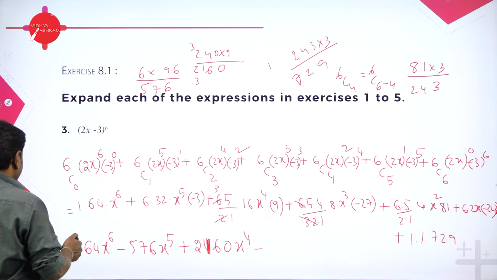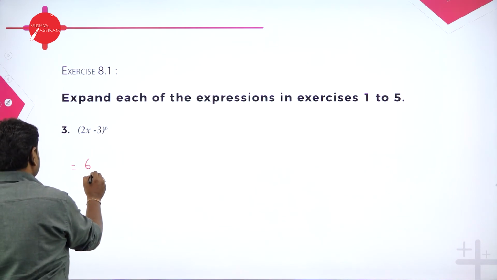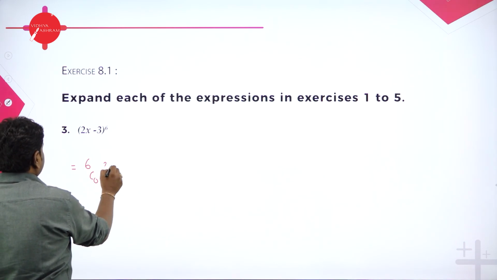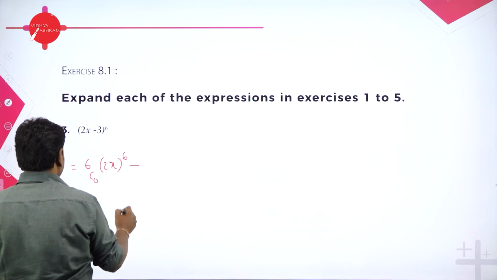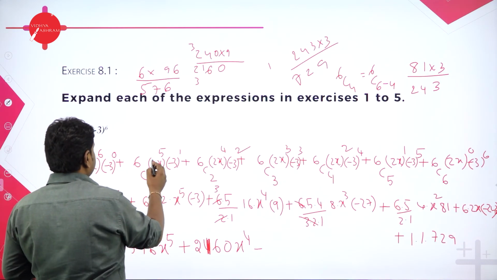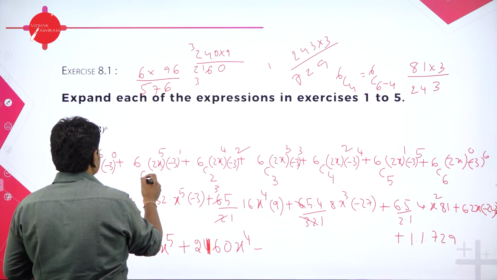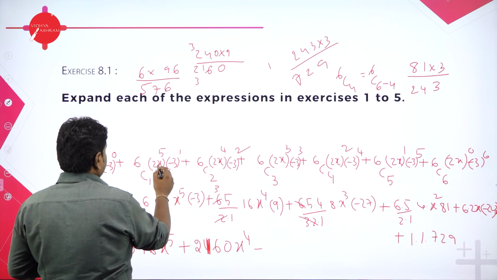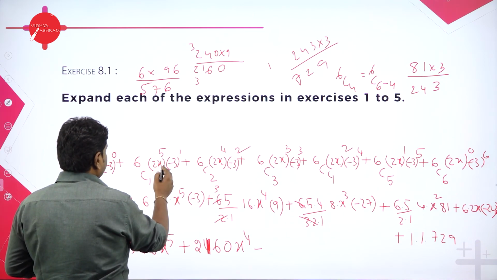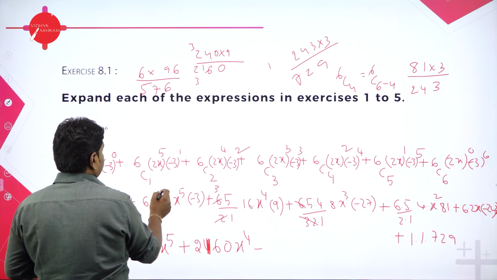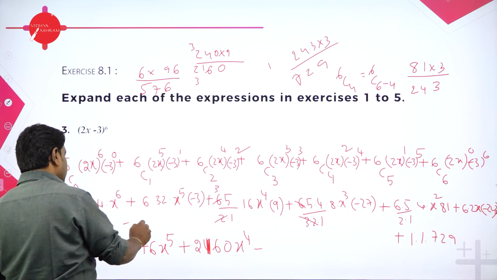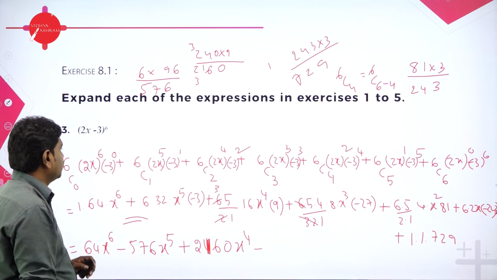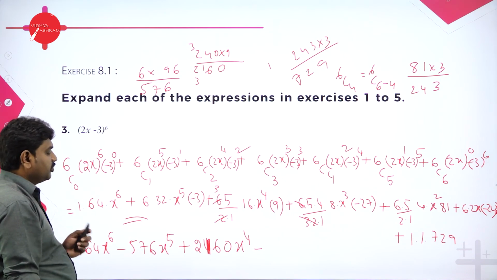So the best method of writing this is, you can write 6C0 and 2 power 6, 2x power 6, then minus, per odd number is minus, so it will be minus 6C1 3 2 power 5, that is 2 power 5, 32x, or leave it as it is. So according to me, if you leave it here, it will be better, or you can use calculator to calculate, they'll give full marks. But here overall is what, how to expand this binomially.